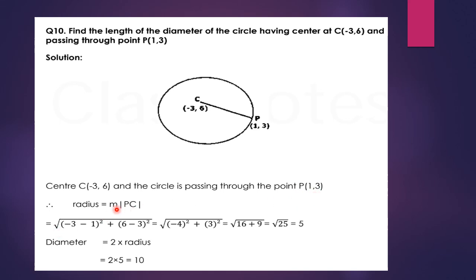So radius will be the measurement of PC. So applying the distance formula over here, we have come to know that the value of the radius is 5. So diameter is equal to 2 into radius, that is 2 into 5 is equal to 10.